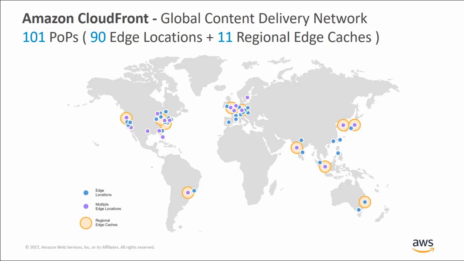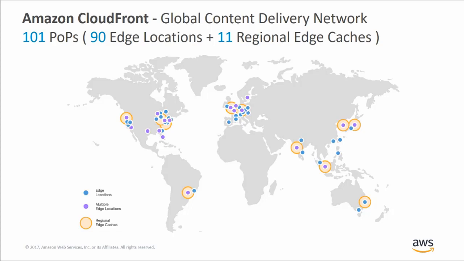And we are constantly adding on to the list. Some of the more densely populated areas have multiple edge locations, and hence you can see the purple dot on the map there.